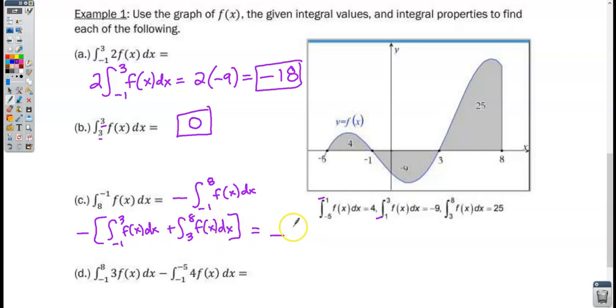So this is going to be the opposite of the integral from -1 to 3 plus the integral from 3 to 8. And so -16 is going to be the value of the integral from 8 to -1 of f of x dx.